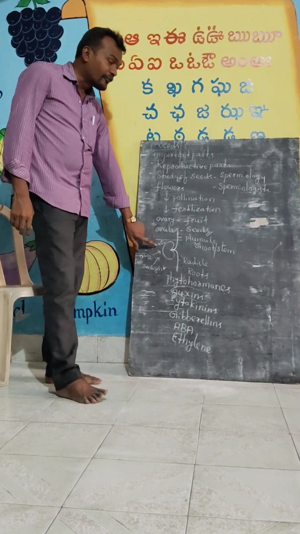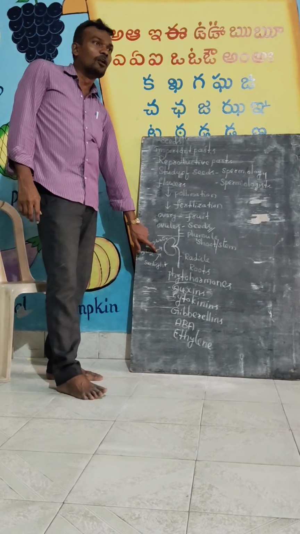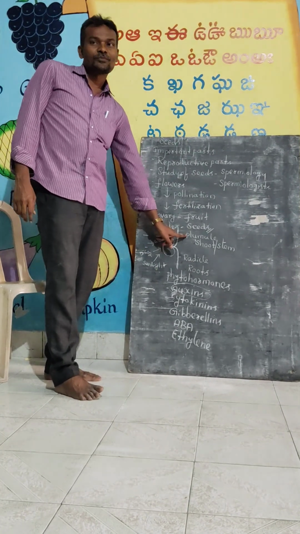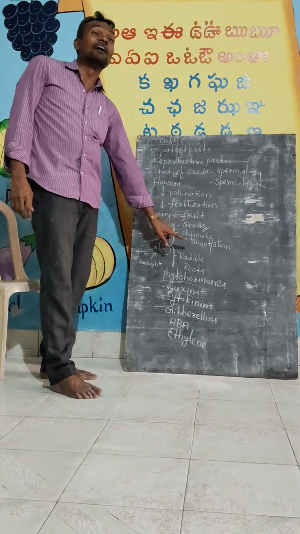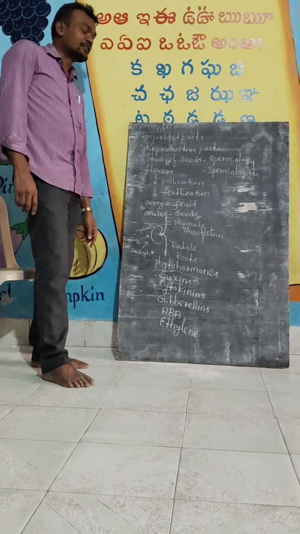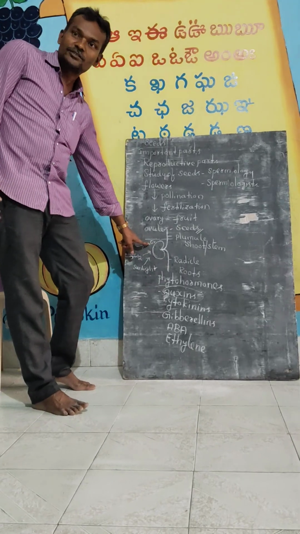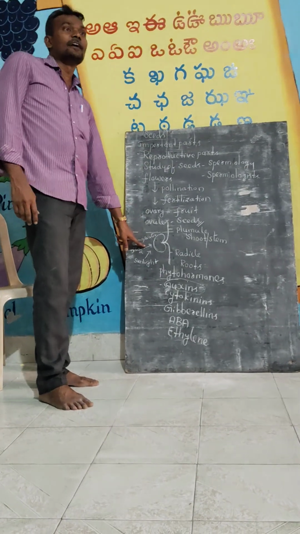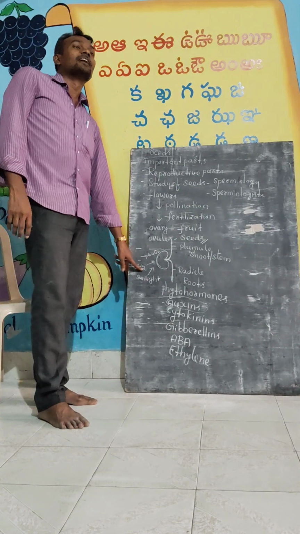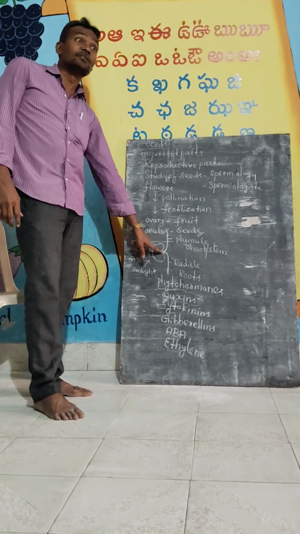So whenever favorable conditions are available, the seed is going to germinate and develop a baby plant. Favorable conditions like presence of moisture or water, carbon dioxide, sunlight, the seed germinates.